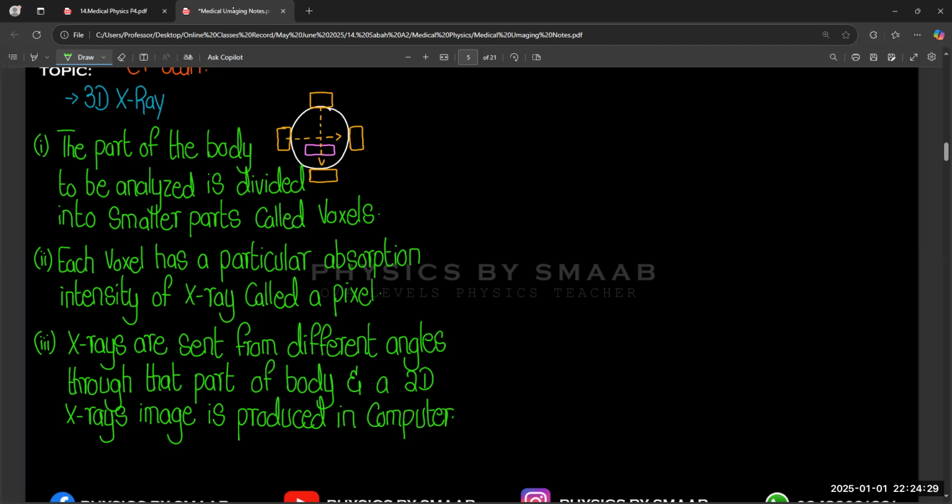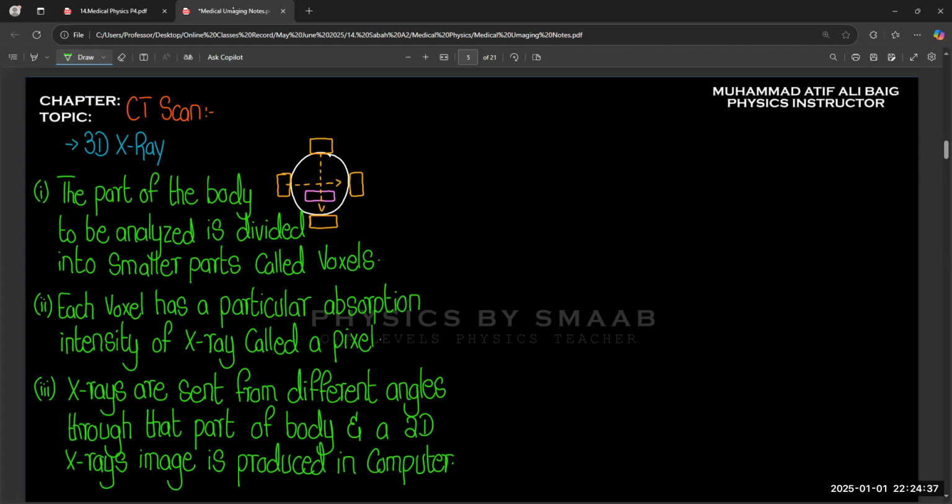So in three steps, we discussed that we got a 2D image, and we know that it will give you a 3D image.